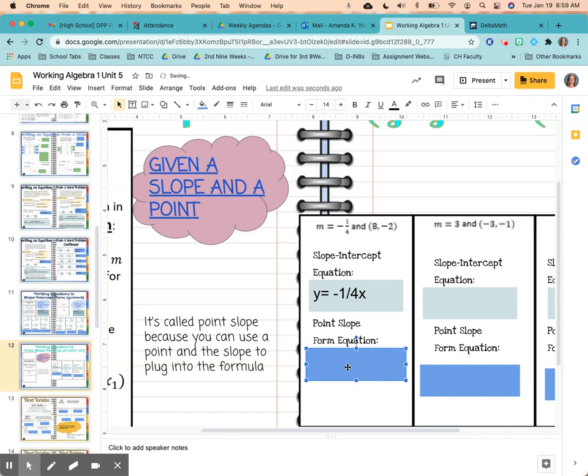And then your point slope form is y minus y1 equals m times (x minus x1). So this one is going to be y minus, nope, it's plus because of the double negative, plus 2 equals negative 1/4 parentheses x minus 8.